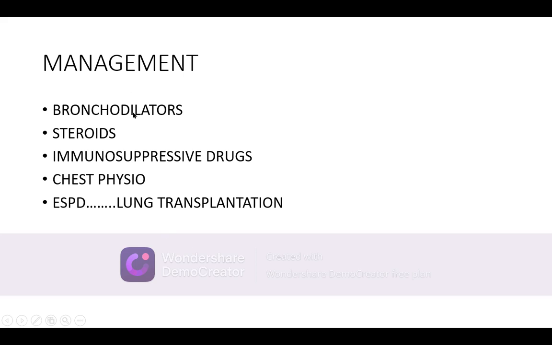The management is you use bronchodilators, oxygenation, nebulization, and give steroids and immunosuppressive drugs, because most of the fibrotic diseases of the lung, or ILD, are autoimmune in nature. Rheumatoid arthritis will end up in ILD, as will Sjogren syndrome, systemic sclerosis, and the other vasculitic syndromes.